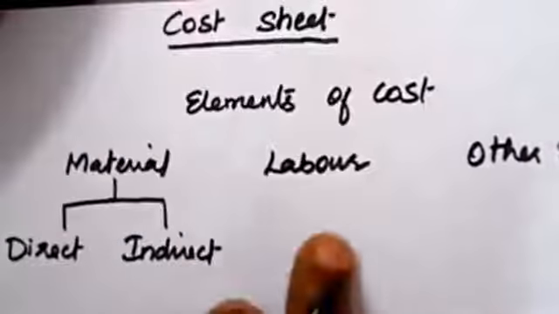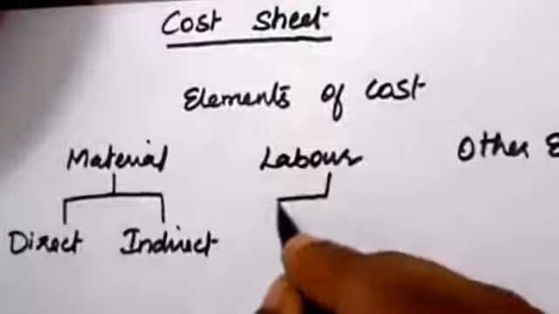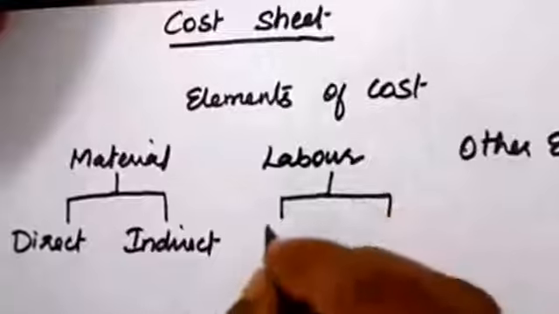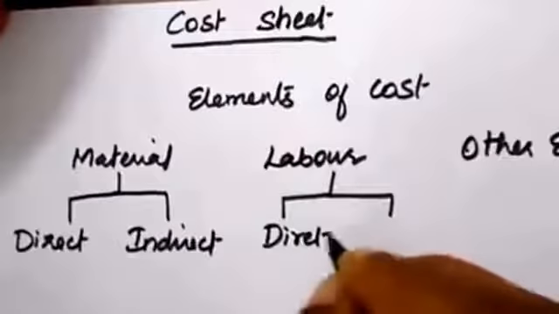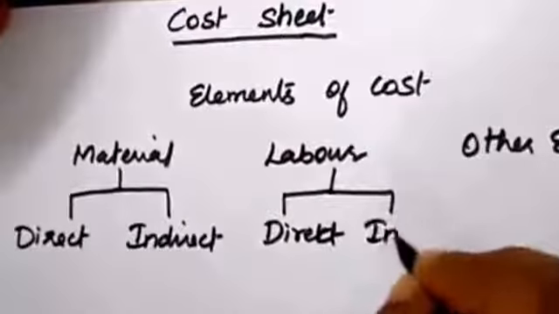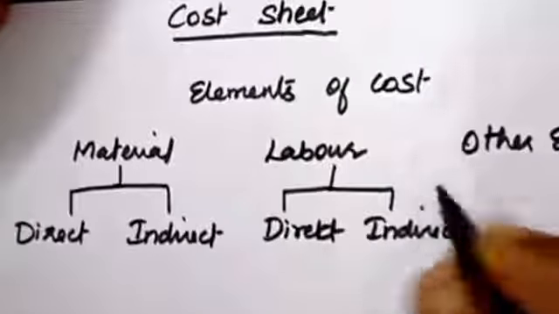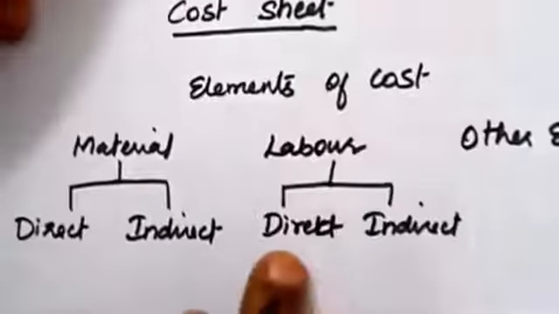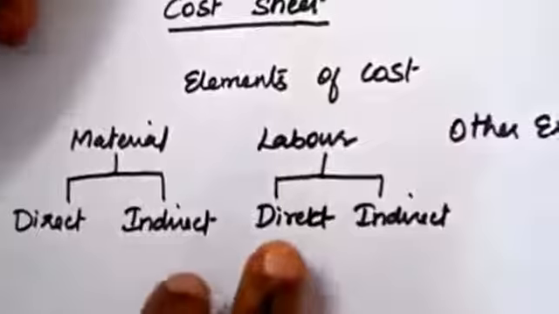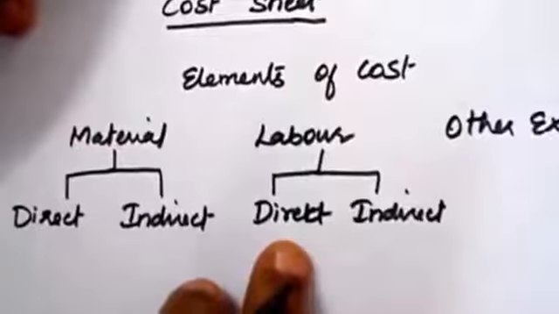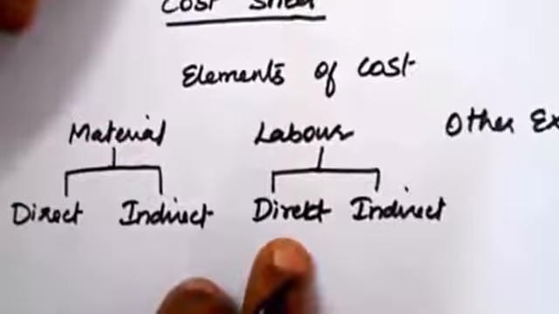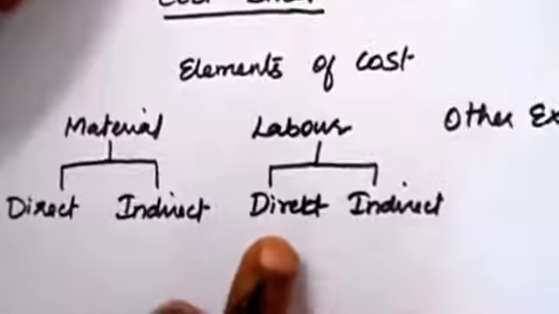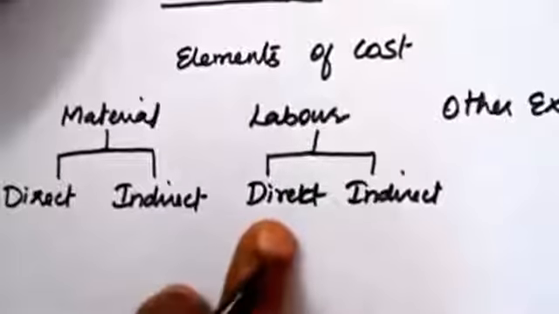And second one, labor. Labor is also classified into two categories. One is direct labor, another one is indirect labor cost. Direct labor means the people involved in the production process, who are entitled to get wages from the company. That expense is called direct labor.